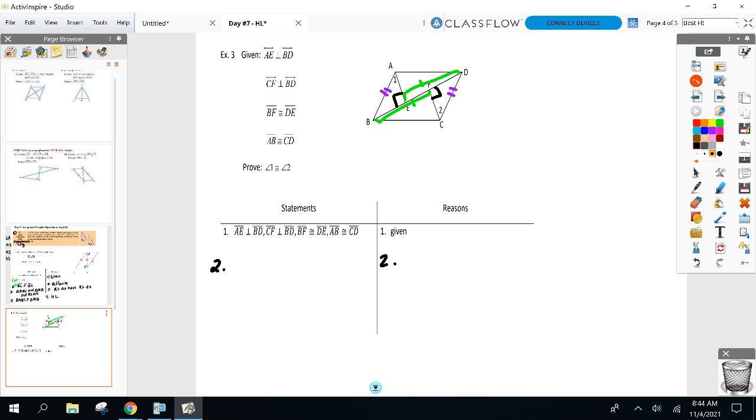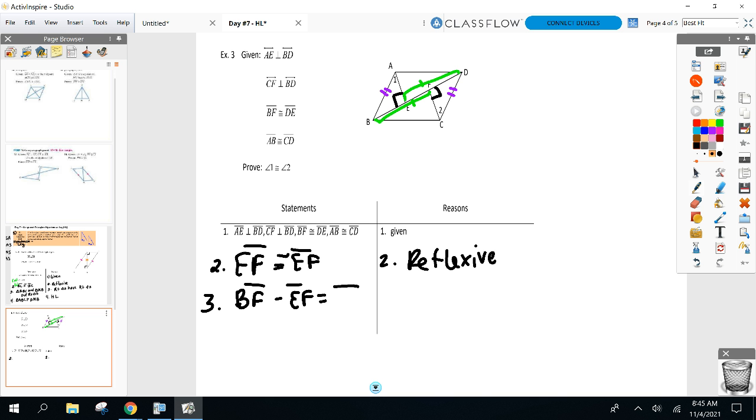Because this is going to, it gets real tough now, because now you got 5 reasons. Okay, here we go. So let me do the subtraction here. EF congruent to EF, because I need that as my second equal quantity to subtract. Reflexive. Now I'll subtract. What do I got? BF minus EF equals ED minus EF.